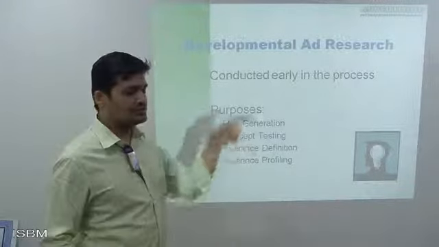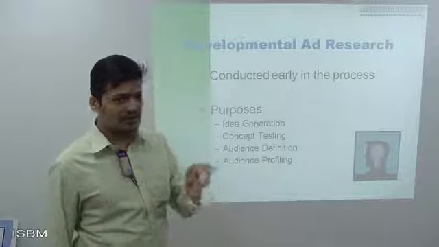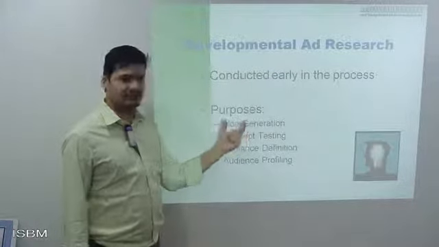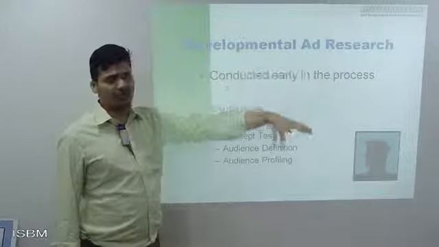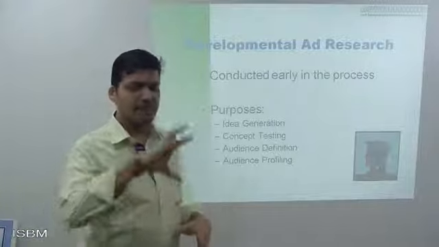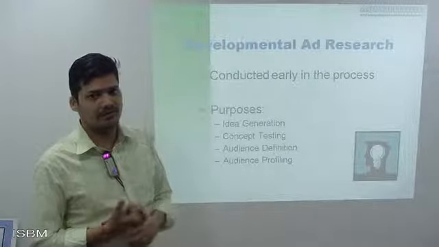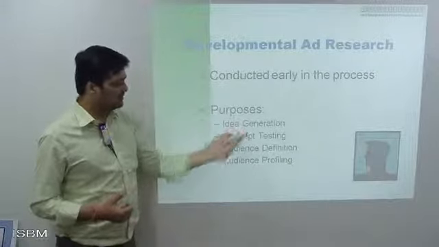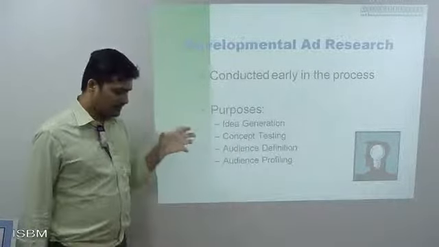Even when you develop a new product, you initially start with idea generation only. There are different steps in the new product development process, starting with idea generation. We generate an idea.